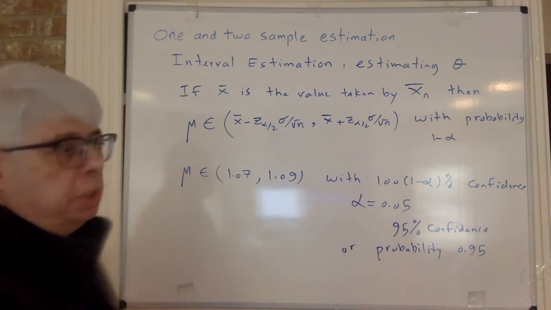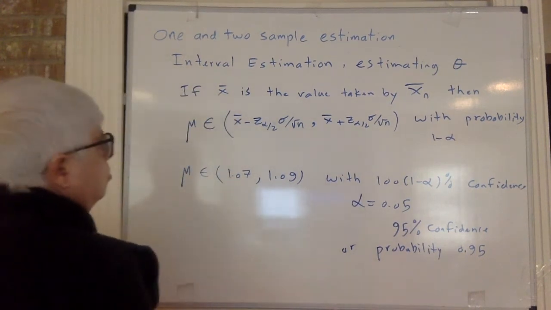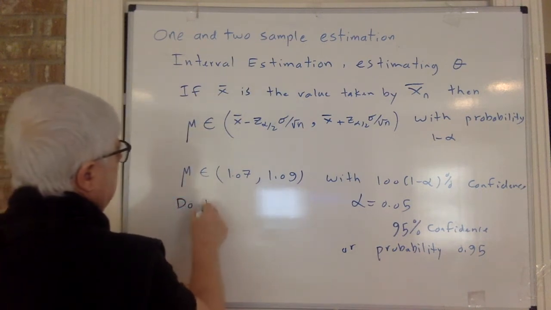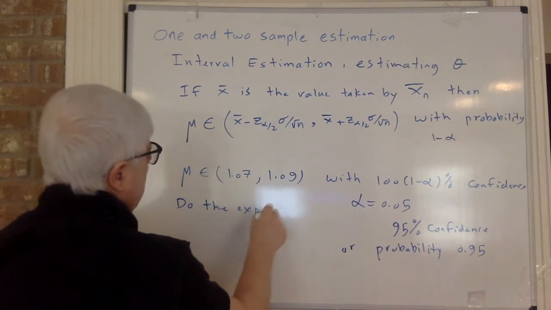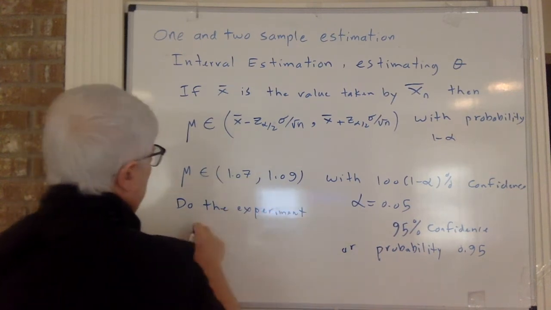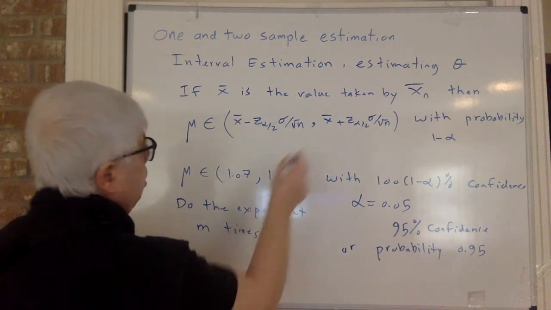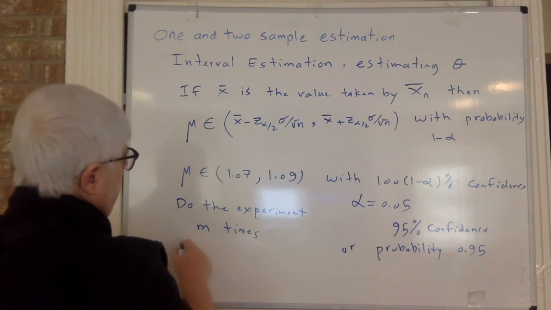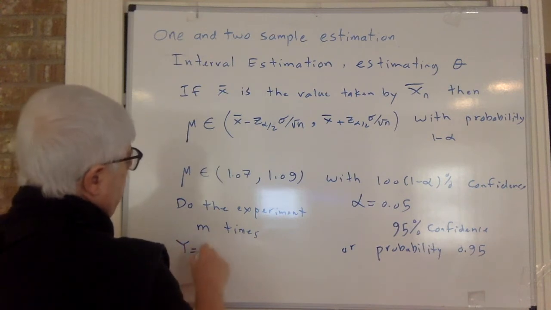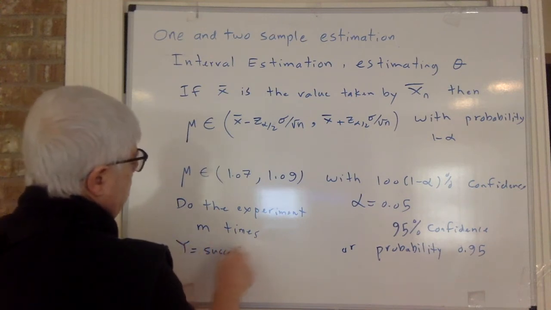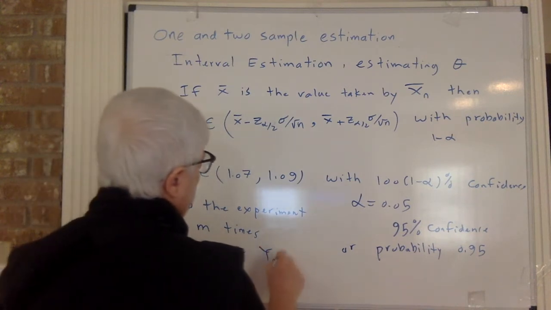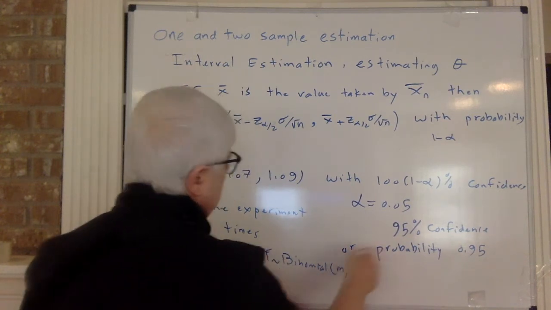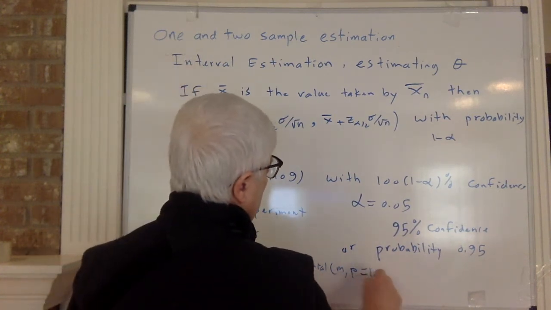So if you do the experiment, say, m times, and say y is the number of successes, then y has a binomial distribution with m trials and p equals 1 minus alpha.